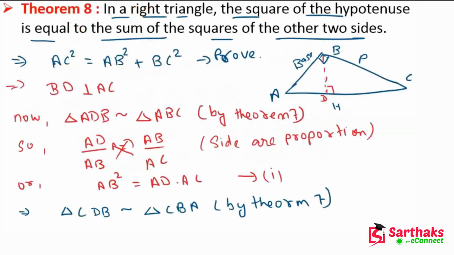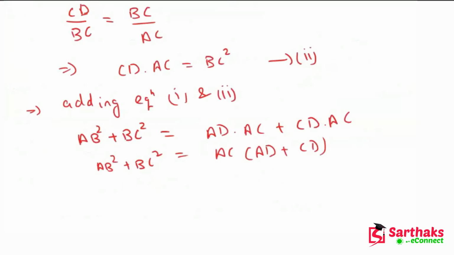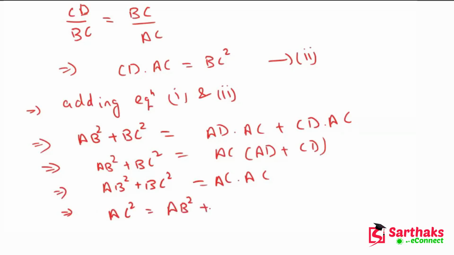What is AD plus CD? If we see in the figure, AD plus DC, or CD, is the same thing, so we get AC. So AB square plus BC square is equal to AC dot AC. This becomes AC square is equal to AB square plus BC square. I hope you understand these points.